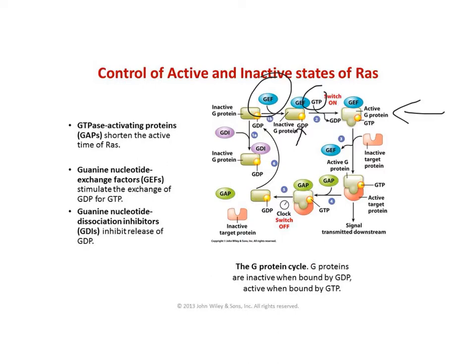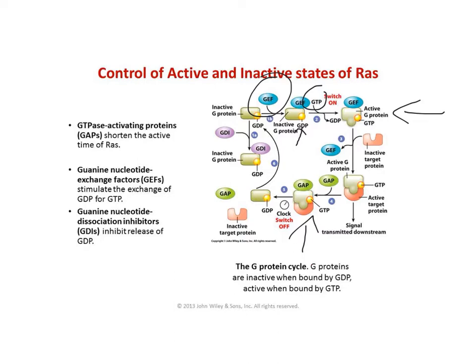There are also other types of proteins that can interact and regulate the active or inactive states of RAS. There are what are called GTPase activating proteins, also called GAPs, which help speed up the rate of hydrolysis of GTP by RAS.